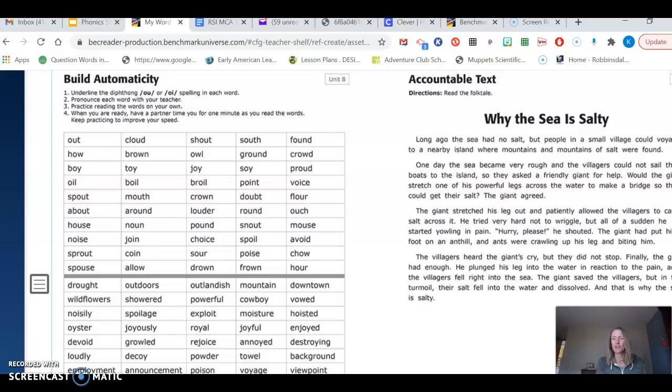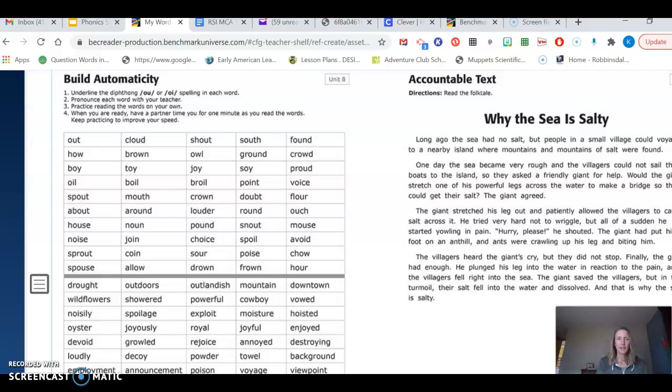Out. You can hear both of those vowels. One glides into the other. And you can circle that as one of your diphthongs. The next one is cloud. Hear both those vowels. Cloud has one syllable, and both those vowels are making a sound.